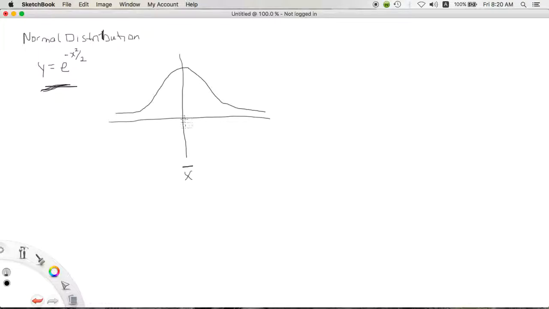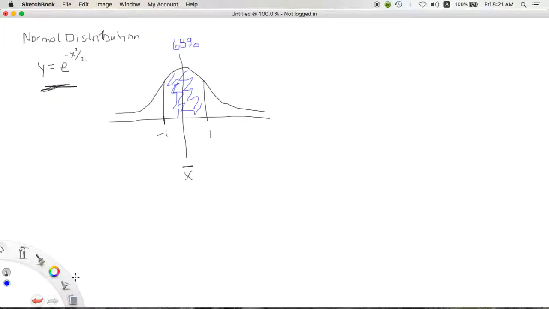On a normal curve, standard deviation is 1, and about 68% of the area under the curve is 1 standard deviation away. So if we go from -1 to 1, then the area under this curve is 68% of the area.